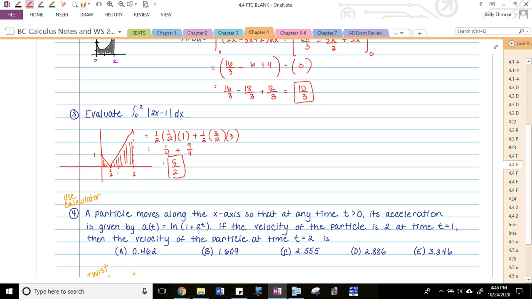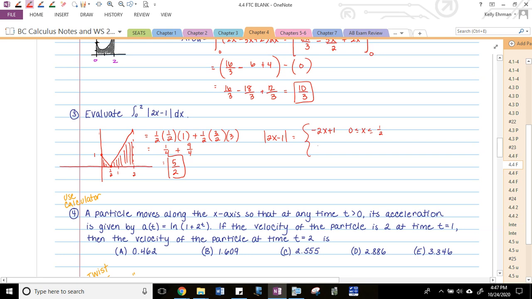What if I wanted to do it a more complicated way? Well, I would have to think about splitting this into a piecewise function. Take a look at the graph. From 0 to 1/2, we've got the line negative 2x plus 1. So the absolute value of 2x minus 1 equals negative 2x plus 1 on the interval 0 to 1/2.